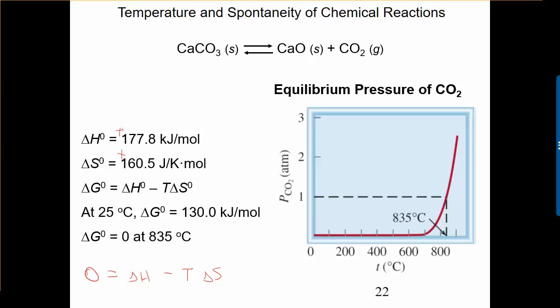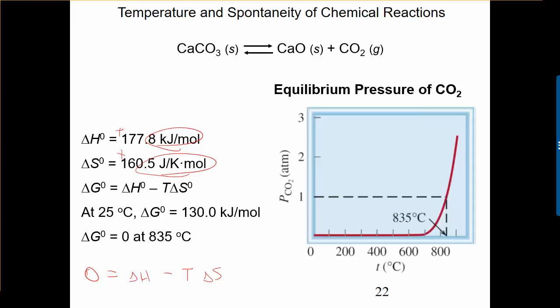You'd find it in Kelvin, because these are in joules. And by the way, one thing I really want to emphasize: look at the units here and here. This is the biggest mistake that everybody makes. They try to use these terms just like they are here. Delta H's are in kilojoules per mole.